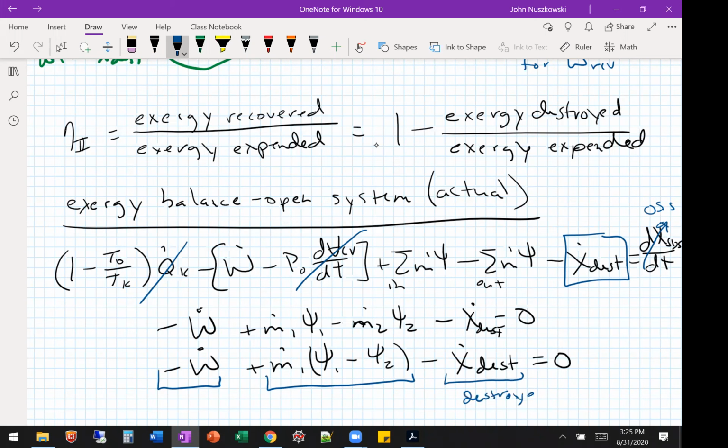So now these other 2 sections, one's exergy expended and one's exergy recovered. Okay. So which is it? Goes expended and then recovered. So which one's expended, which one's recovered?